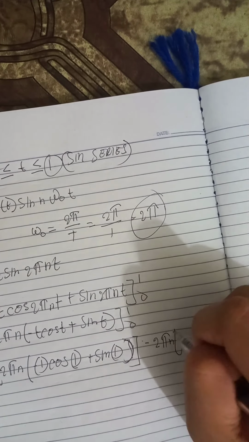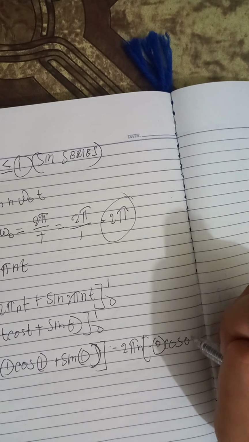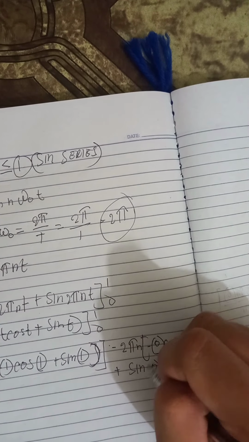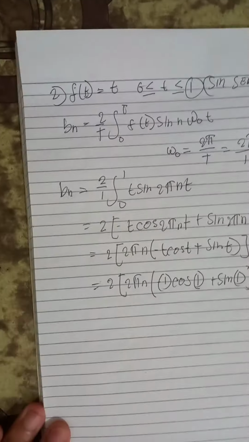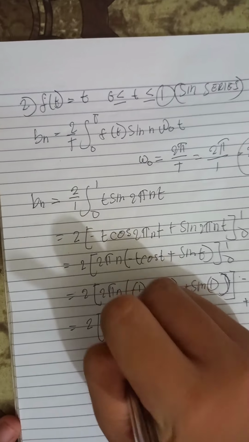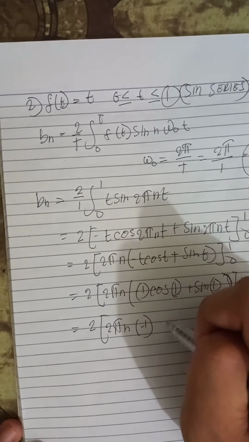So we have 1/(2πn), so 0 cos 0 plus sin 0. The next step is to simplify. We have the value of 2 times 1/(2πn) times negative 1.